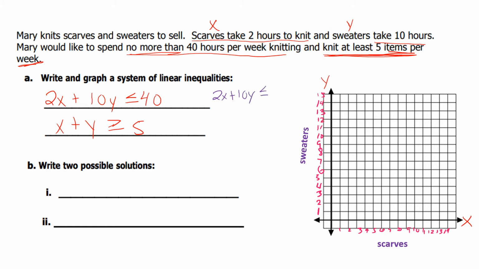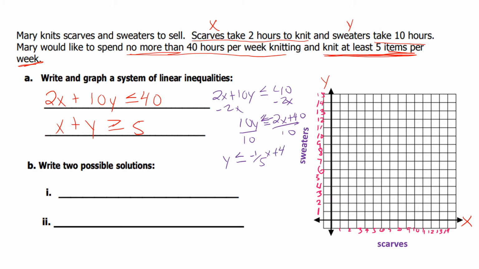All right, subtracting 2x, 10y is equal to negative 2x plus 40, and there should be a less than or equal to sign right here. Dividing by 10, so y is less than or equal to negative 2 divided by 10, which reduces to negative 1/5 x. That would be my slope. And 40 divided by 10 would give me 4.